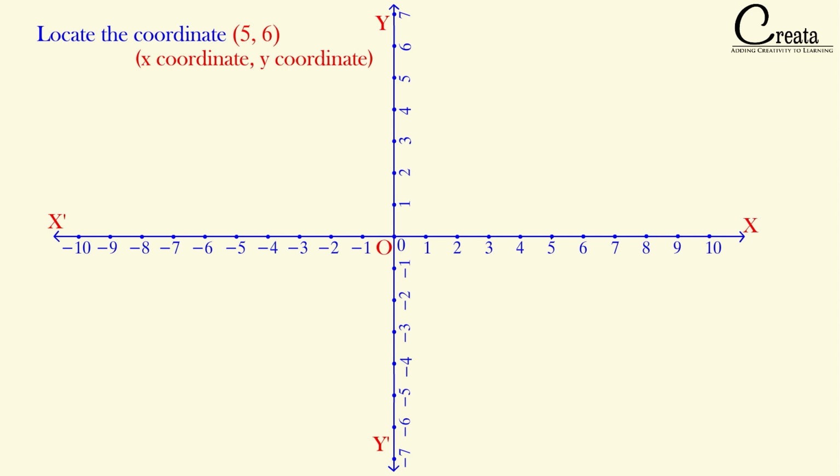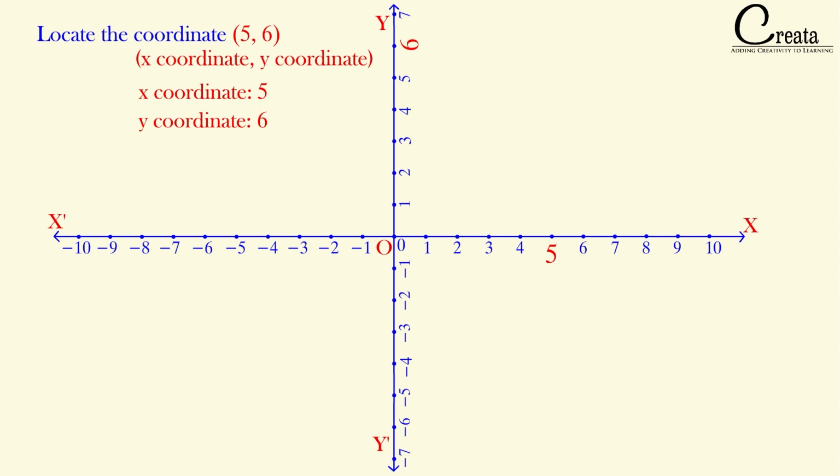So firstly we will locate the first coordinate, that is the x coordinate. Here x is 5. We will locate the 5 on the x-axis. This is 5, so we have located the 5 in the positive x direction. Similarly, the y coordinate is 6. We will locate the 6 on the y-axis.